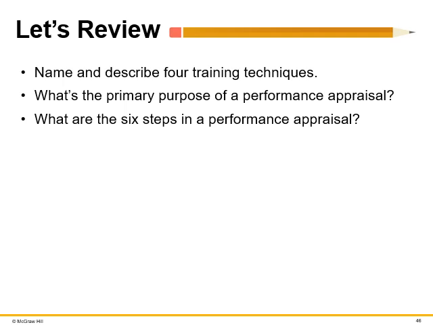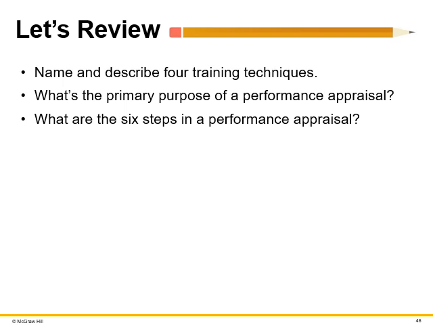Vestibule training or near-the-job training is done in a classroom with equipment similar to that used on the job, so employees learn proper methods and safety procedures before assuming a specific job assignment. Job simulation is the use of equipment that duplicates job conditions and tasks so trainees can learn skills before attempting them on the job.